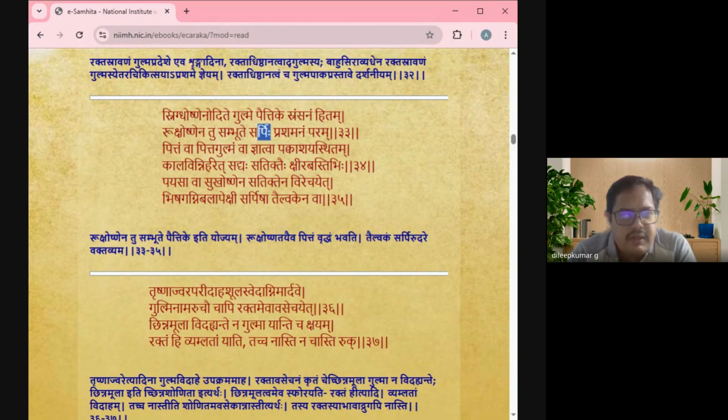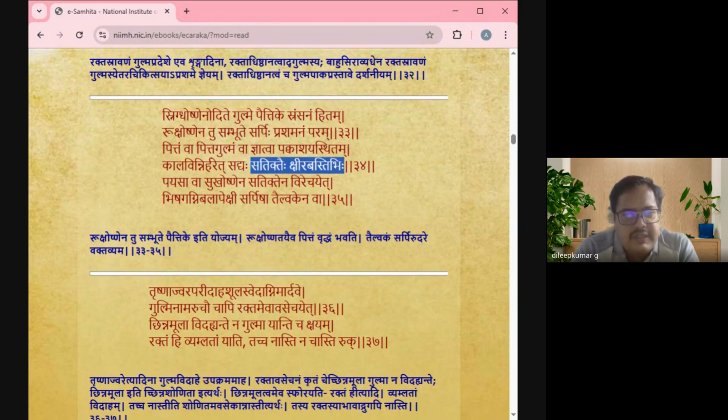Both Stramsana and Sarpipana can be done. Pittam va Pittagulmam natva pakwashaye sthitam: if Pittaja Gulma is related to Pakwashaya, then go for Satikta Kshirabasti. Kshirabasti line of treatment should be carried out.